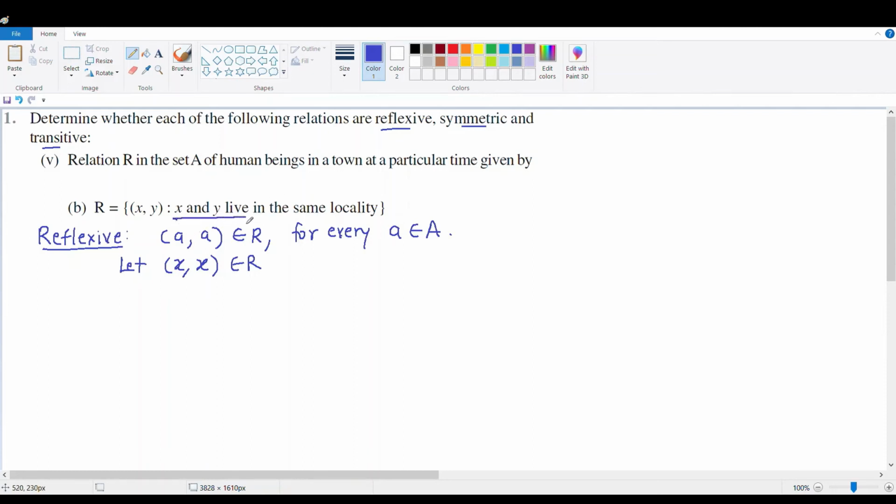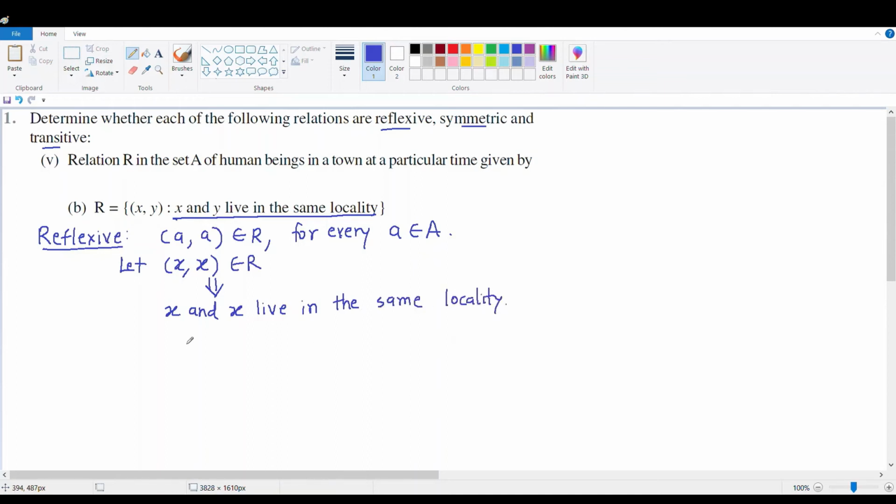That x and y live in the same locality. So if x and x belongs to R, let's see if that makes sense or not. So this implies that x and x live in the same locality.